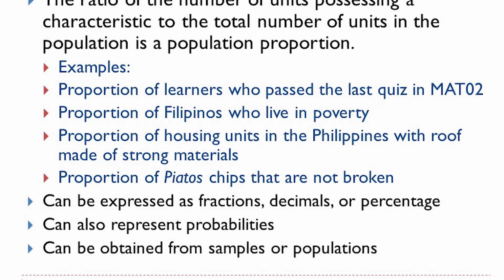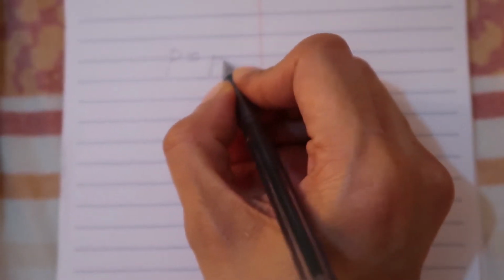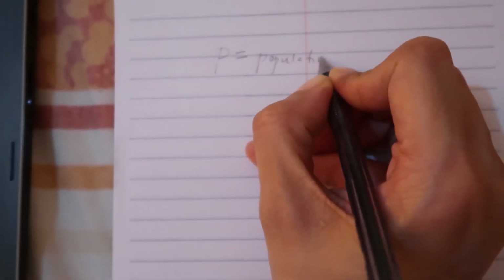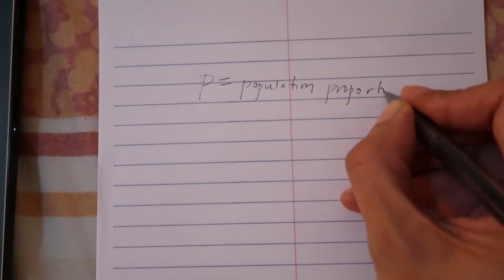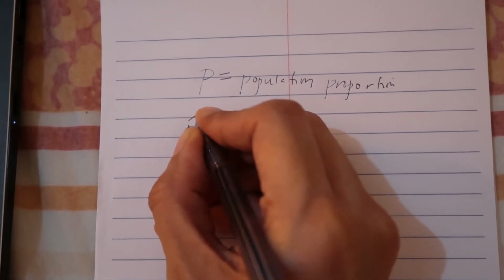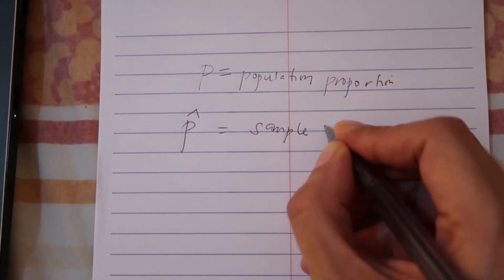So the notation for proportion: P refers to the population proportion, and P hat refers to the sample proportion.